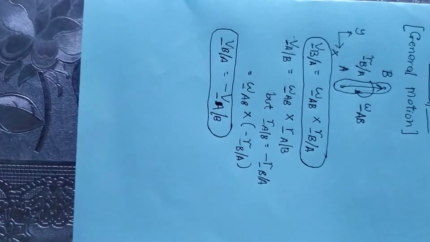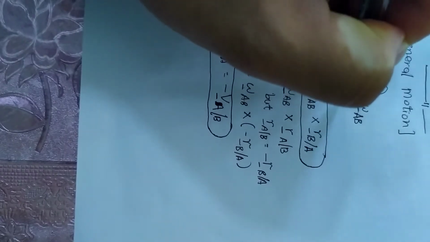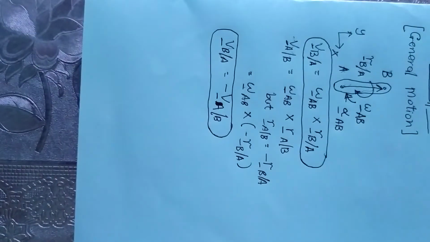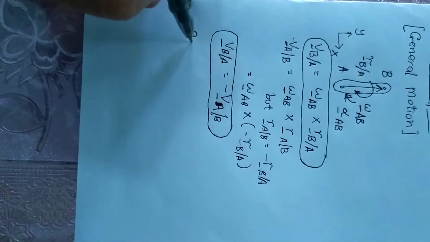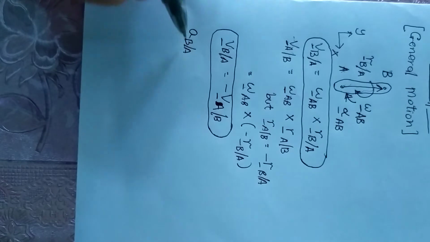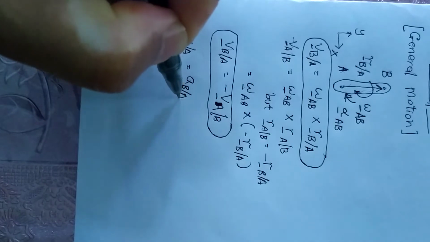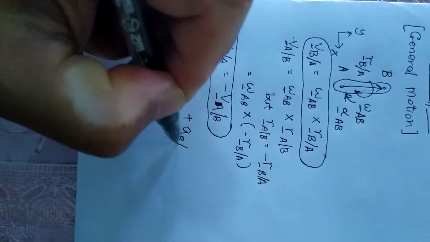The next point is to find the acceleration of B relative to A. Assume that at the same time the body AB is undergoing angular acceleration alpha AB, and therefore we can find the acceleration of B relative to A. It has two components, again the same thing: a tangential component and a normal component.